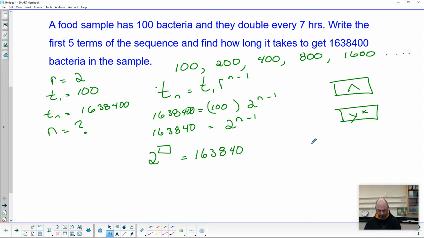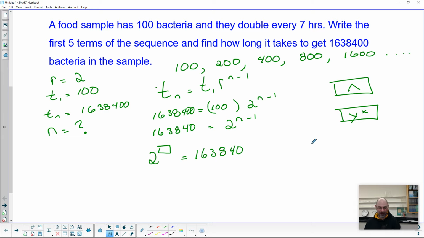Let's try 2 to the 12th. 2 to the 12th, that's only 4,000. Well, we've got to get up there. Let's try 2 to the 15th. Oh, it's only 32,000.